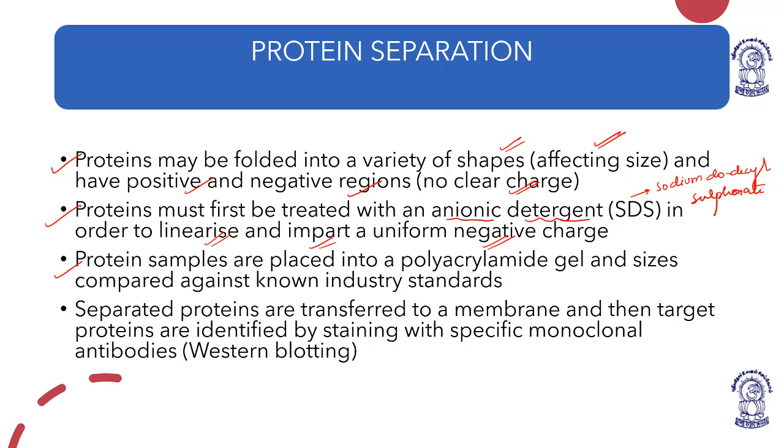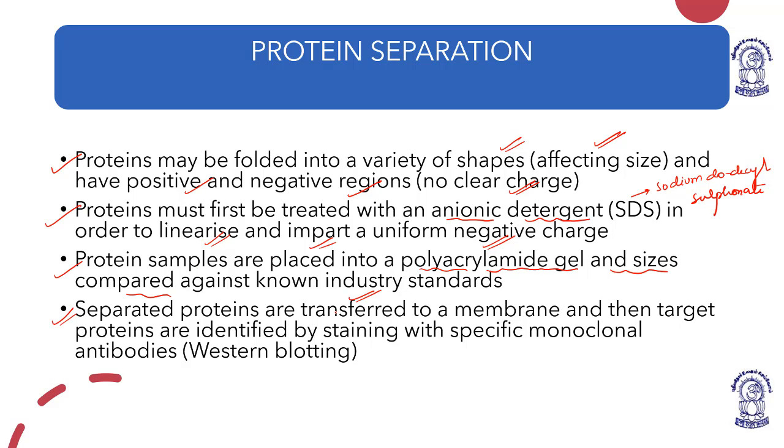Protein samples are placed into polyacrylamide gel and sizes are compared against the known industry standards, as we did in agarose gel electrophoresis for DNA. So polyacrylamide gel electrophoresis is for protein and agarose gel electrophoresis is for DNA.